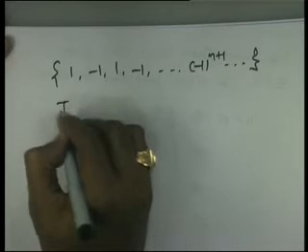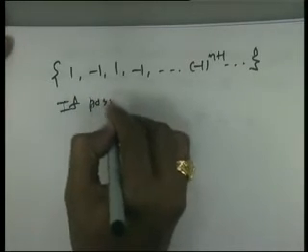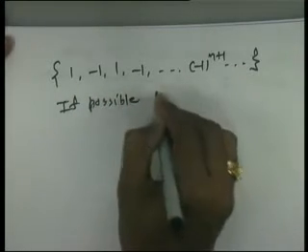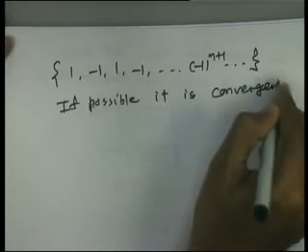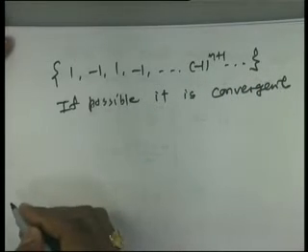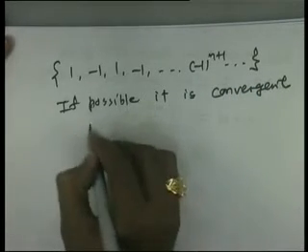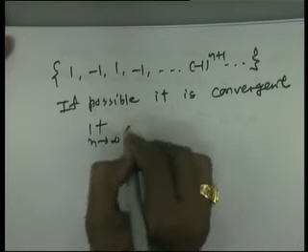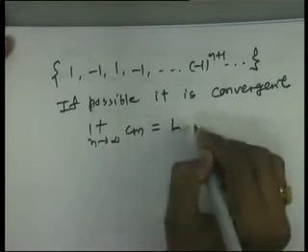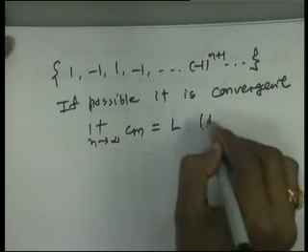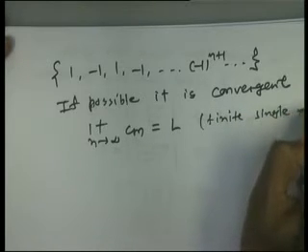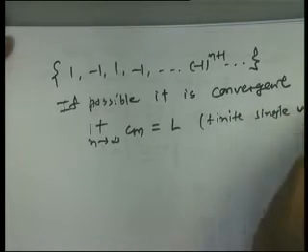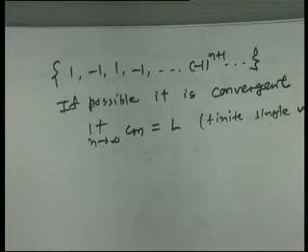Suppose, if possible, it is convergent. That means limit n tends to infinity a n is equal to L, some finite single value.